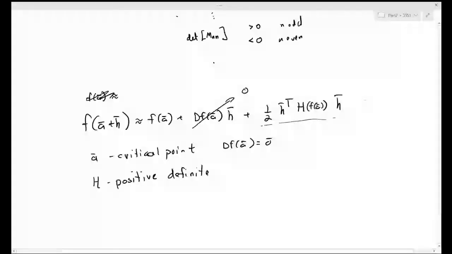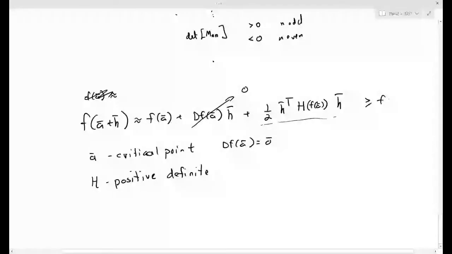Well, the resulting thing must be smaller than what came before. So that means that the function at A is smaller than the function evaluated at points around A in a sufficiently small ball. So this means that f at A is a local minimum.